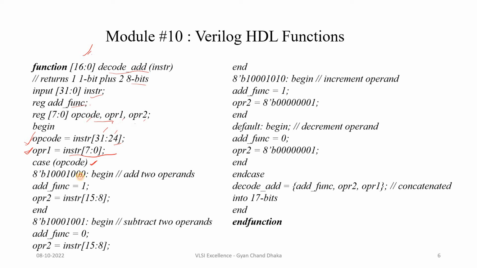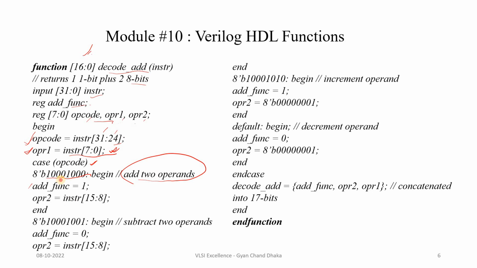If the opcode is this value, it corresponds to the addition operation, so we have to add the two operands. Here we set the add func variable, which means this is an addition operation, and operand 1 is instruction bits 7 down to 0. Operand 2 will be the instruction register bits 8 to 15.